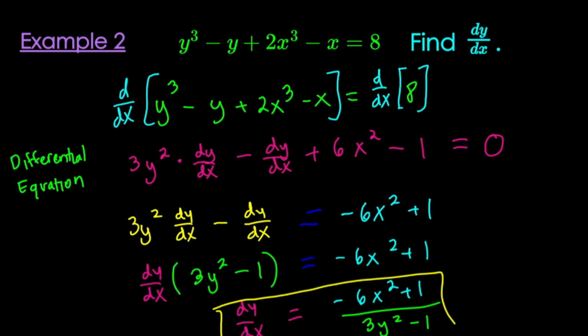Notice that this expression for dy dx is in terms of both x and y. That's not something that happens when you take a derivative explicitly. But what this indicates is that the value of the slope of our relation depends not only on the x value, but on the y value as well. We'll apply that in some examples coming up later.